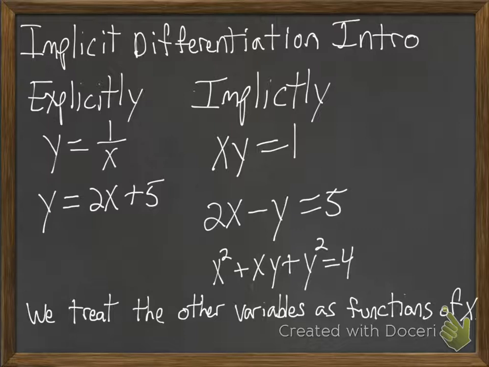And so, when we take the derivative of some other variable, we realize, because it depends on x, that we have to have a dy dx. So derivative of x with respect to y would be dy dx.